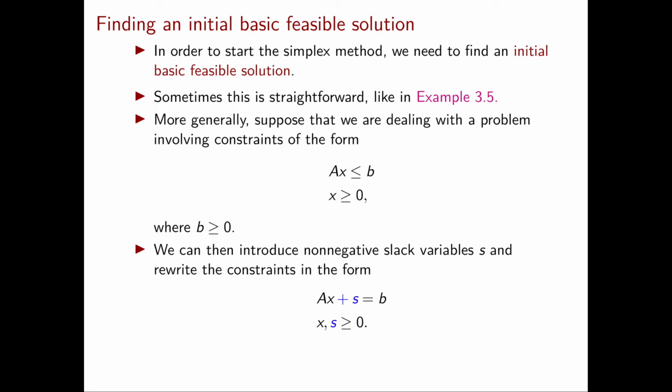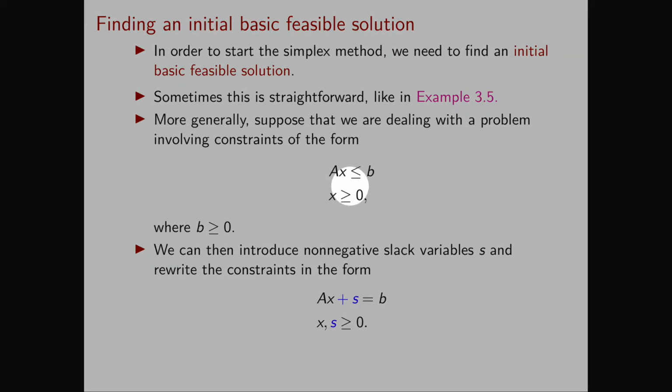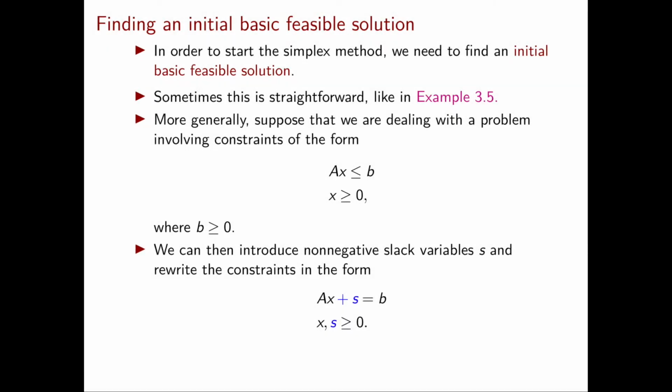In example 3.5, where we fully run the simplex method to an optimal basic feasible solution, we were able to obtain an initial basic feasible solution very simply. In that specific example, we had a problem with constraints of the form Ax ≤ b and x ≥ 0, where the vector b was ≥ 0.